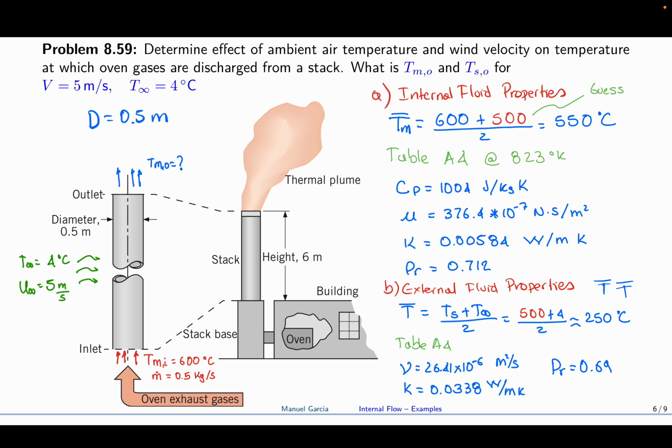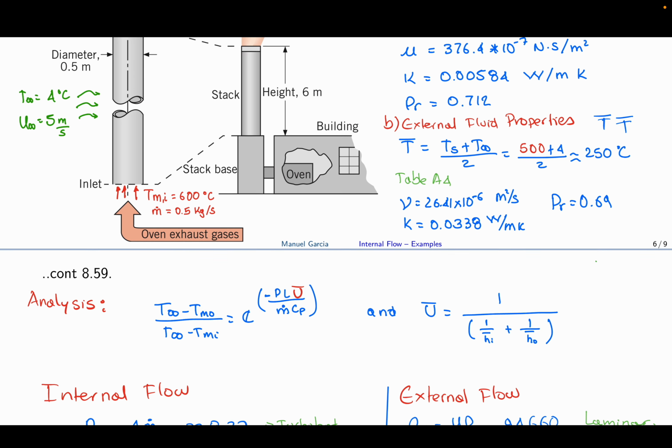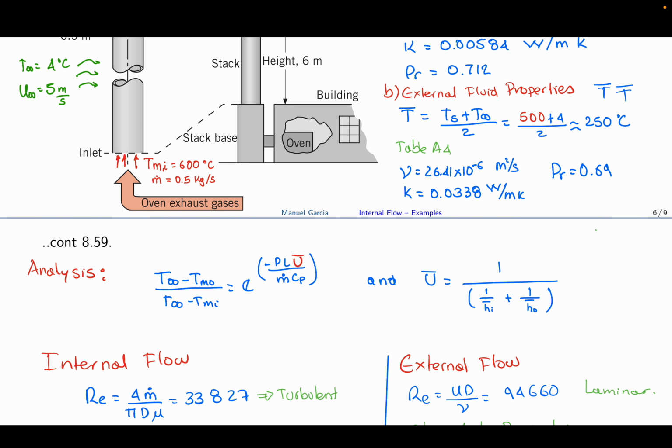Now that we have the properties, the next thing is to do the analysis. We use our equation for constant surface temperature on the pipe, so we have delta T at the exit divided by delta T at the inlet, which is T infinity minus the mean temperature at the exit, over T infinity minus the mean temperature at the inlet.